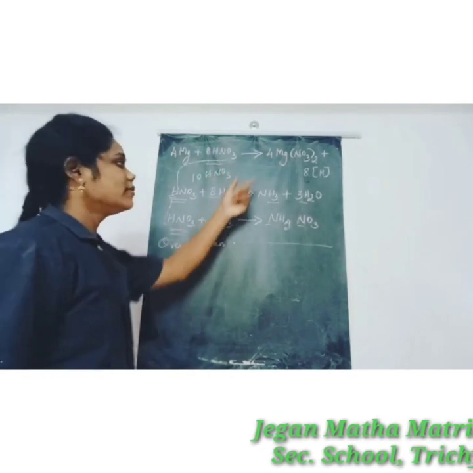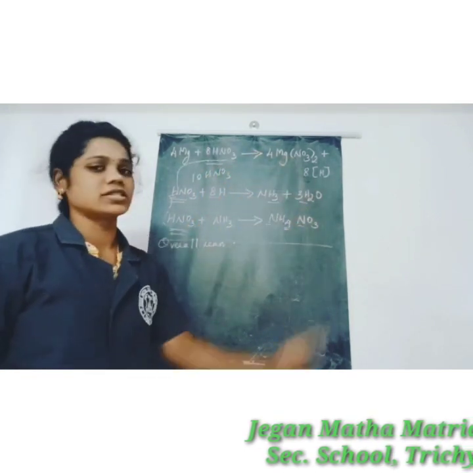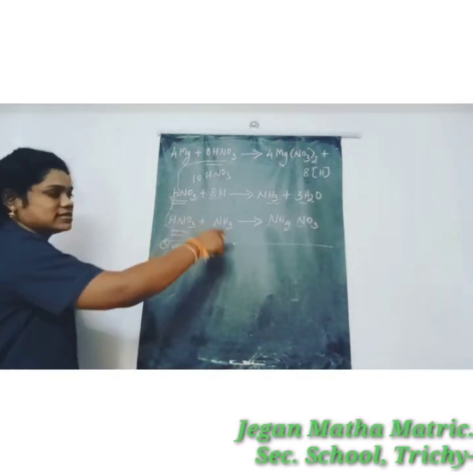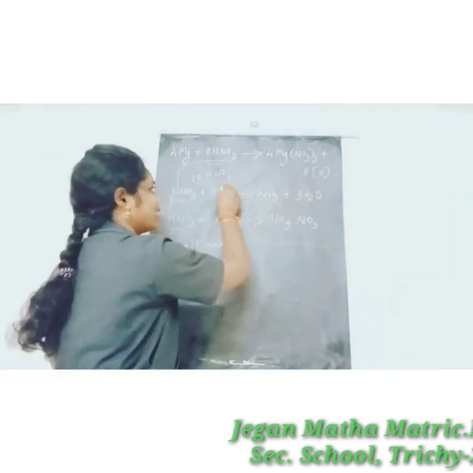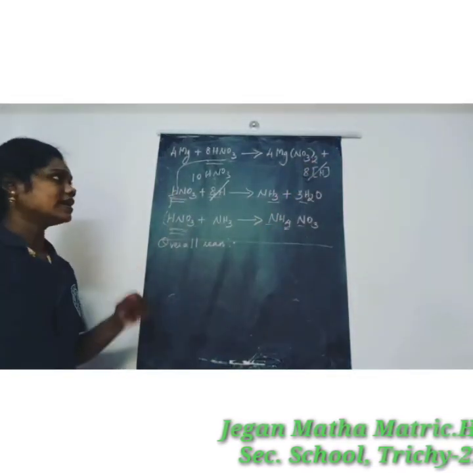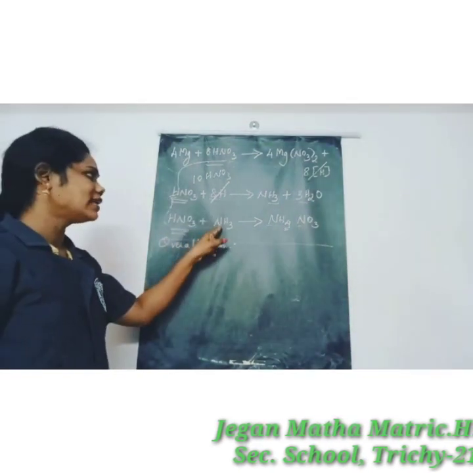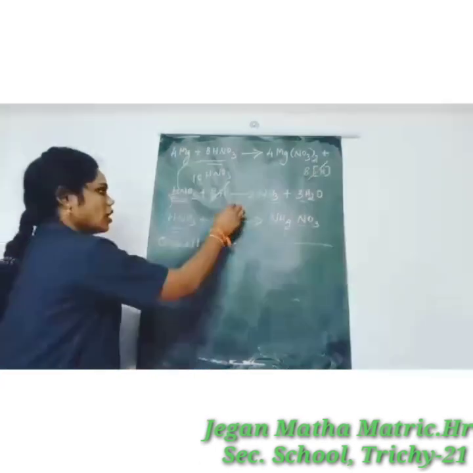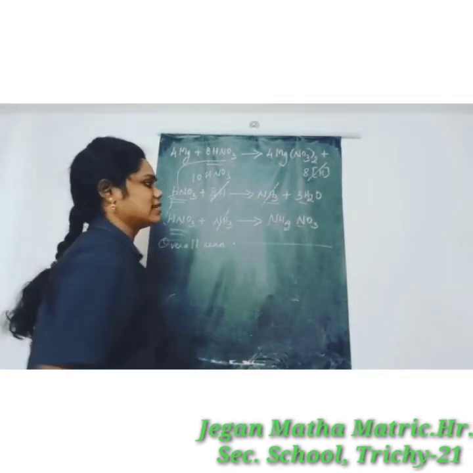But here, how many HNO3 are present? No HNO3 is present here. Okay. And then next one, 8 times of hydrogen. So here also 8 times of hydrogen. So 8 times of hydrogen is cancelled. And next one ammonia. Here 1 time of ammonia. So here also 1 time of ammonia is present. So ammonia is cancelled.